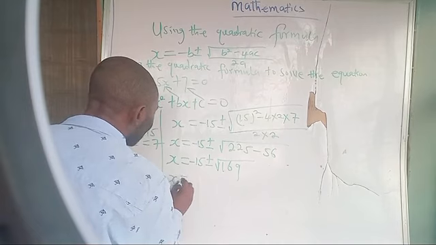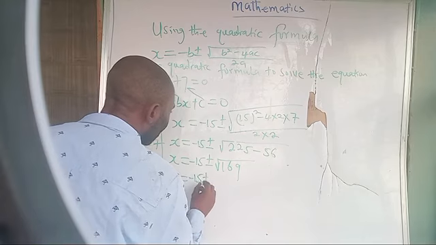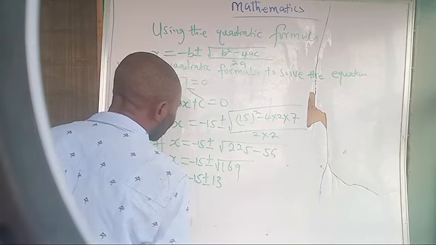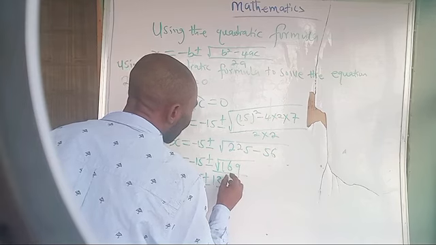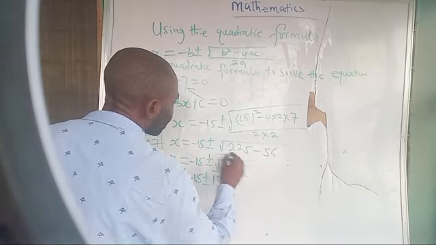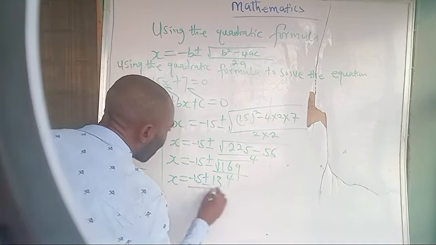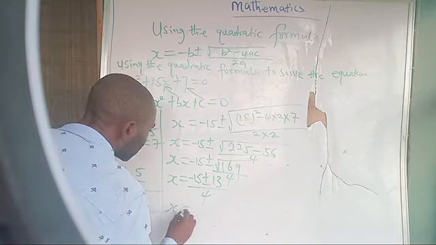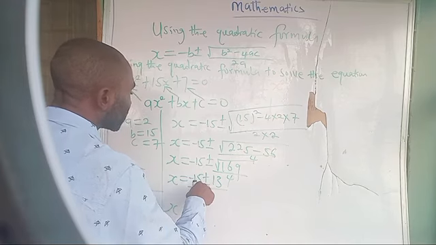So x is equal to minus 15 plus or minus the square root of 169, which is 13, all over 4, since 2 times 2 is 4. We go with the first sign, which is plus, then the second sign, which is minus.